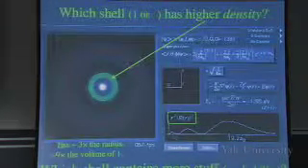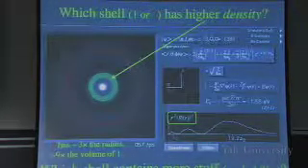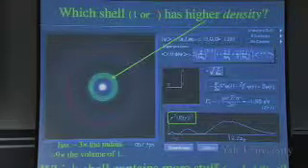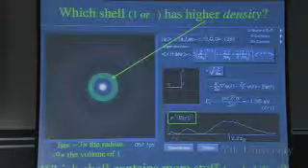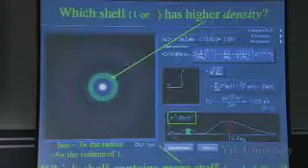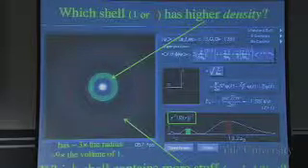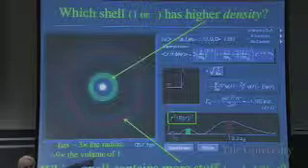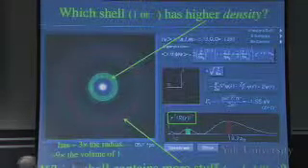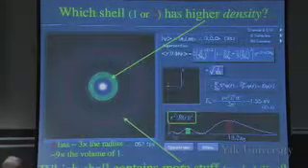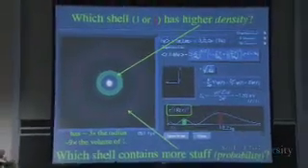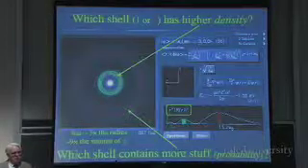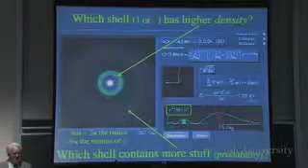So how much more volume does that shell have? About 9 times more volume. Not of the sphere, but of the shell. So it turns out that actually 2 has more stuff, and you see that in this plot. The red for 2 is bigger than the green for 1. So depending on what question you ask, you have to decide whether you have to weight it by R squared to get the answer you need.